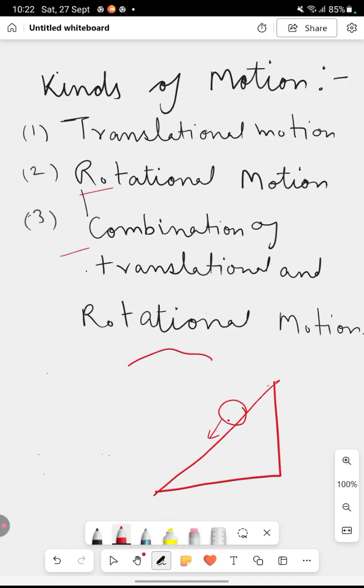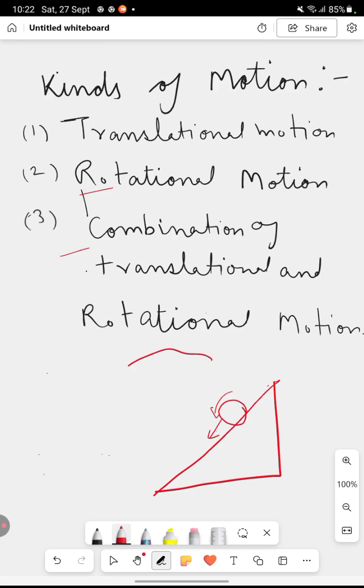When this is moving downside, it is showing translational motion, and this wheel is also rotating, so it is also showing rotational motion.